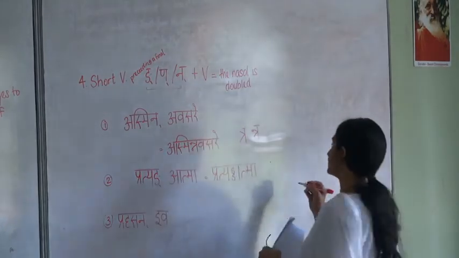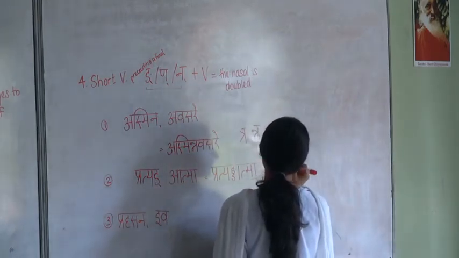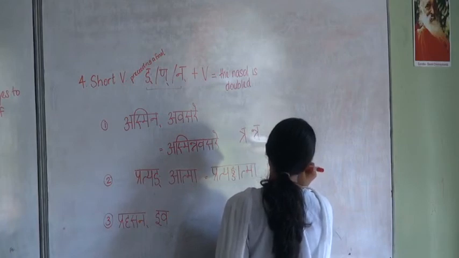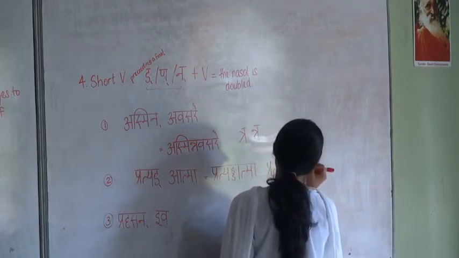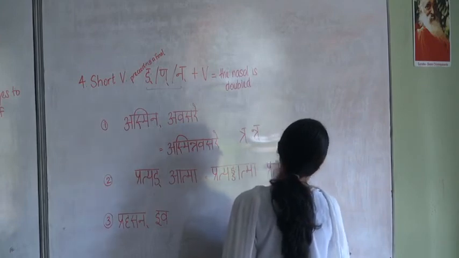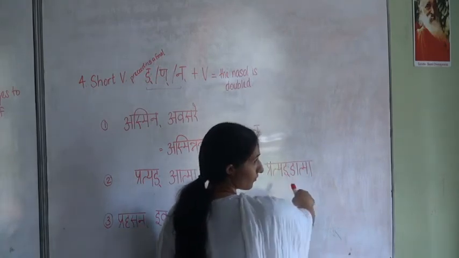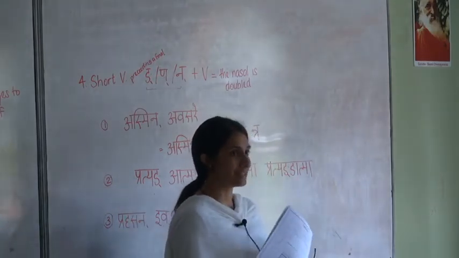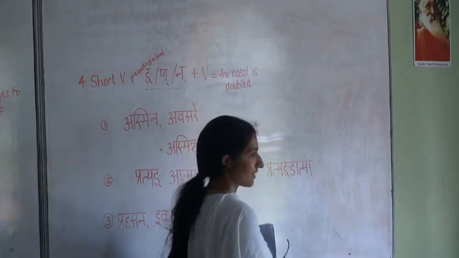Alternatively, you could write it like this. Technically, it wouldn't be wrong to write it as a halant followed by a full one, but we don't see that in writing. It's usually seen like this.